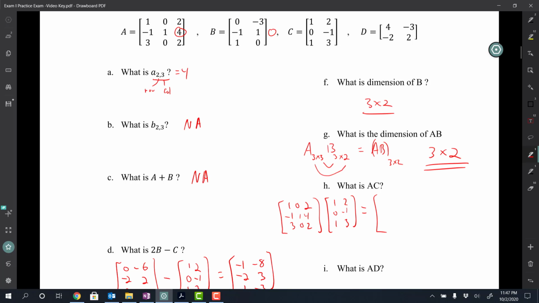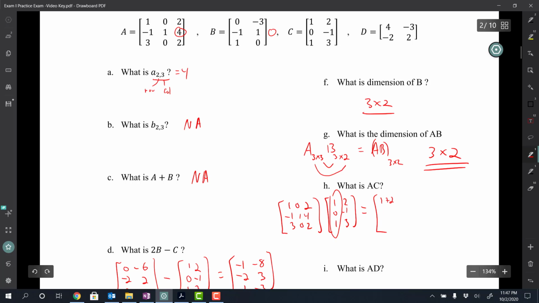Now to calculate the first component, I'm basically going to take the first row of A times the first column of C. And so I will take the sum of the product of the components. So 1 times 1 is 1, plus 0 times 0, plus 2 times 1. That'll give me my first component here.